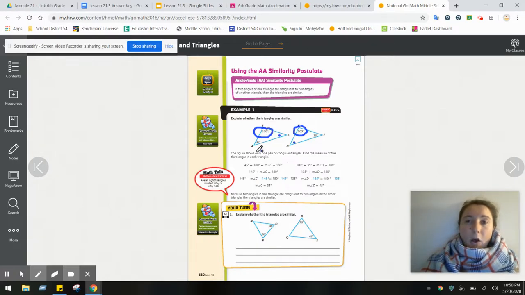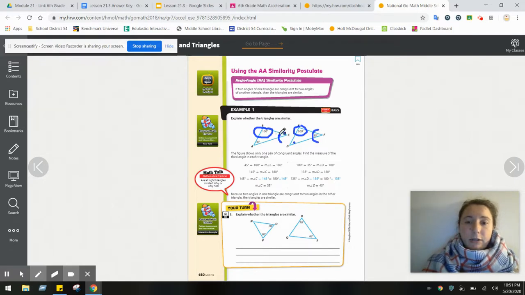I know that all three angles added together need to equal 180 degrees for a triangle. So 100 plus 45 is already 145. In order to figure out what the missing angle C is, I need to take away 145 from 180, and I'll be left with 35 for angle C. Now that is the same as angle F here, 35.